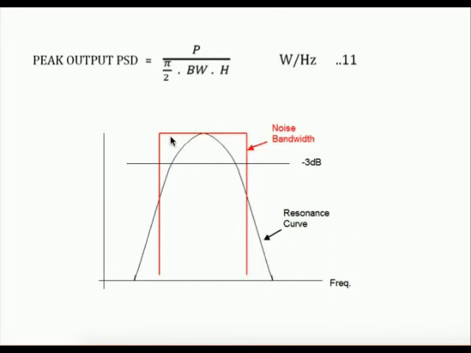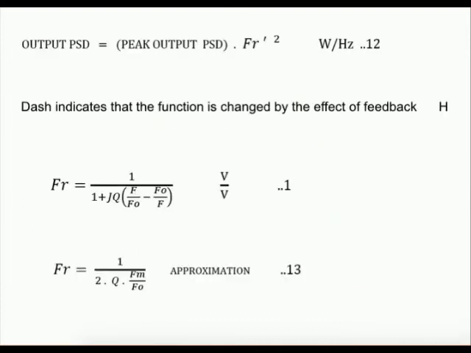So that's why we need to know what this peak power spectral density is. So the output of the oscillator is equal to the peak output PSD multiplied by FR dash squared, where FR is the resonator function and the dash indicates it's been changed by the effect of the feedback.